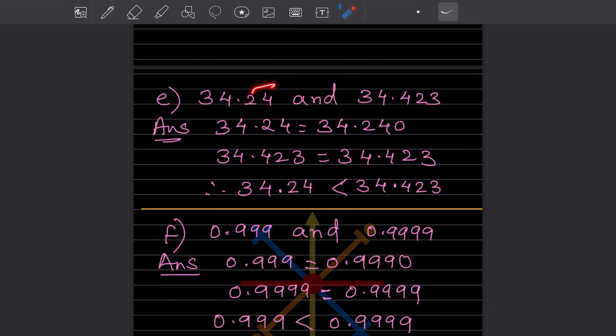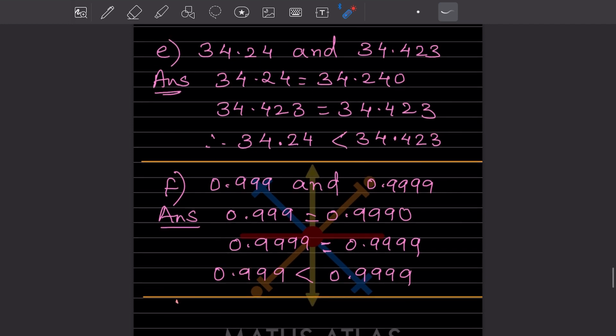Either you make this also 3 digits, or you can just look at this digit. So what does this say? 4 is bigger, so you can just write here this one. Or you will put here 3 digits, so you put an extra 0, and then look at this and compare it. Both ways you can do it.